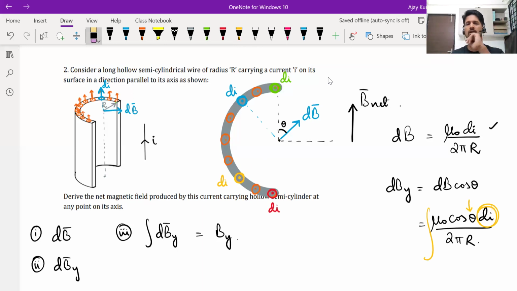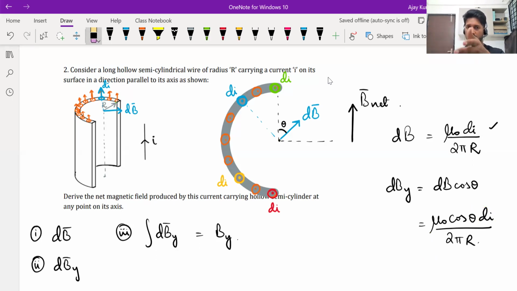So can any of you tell me a way to proceed? Sir, dl is equal to r d theta. Good, dl is equal to r d theta.